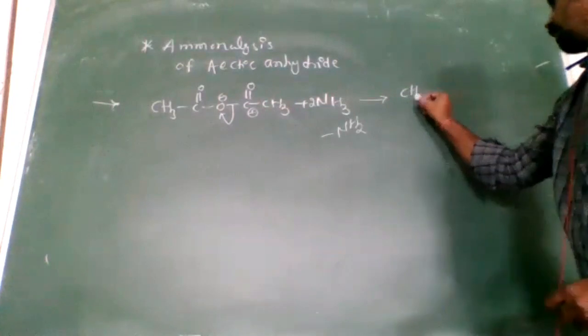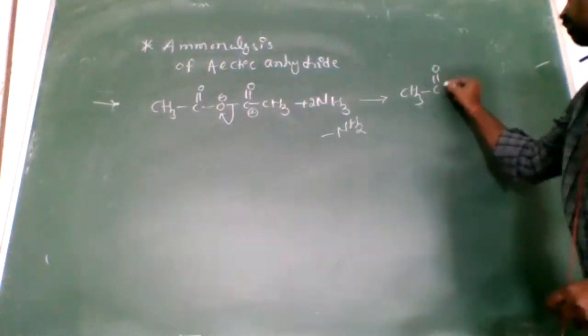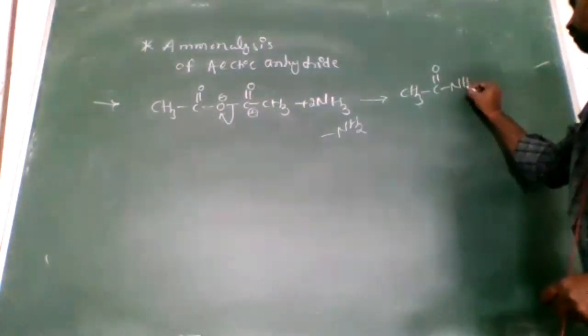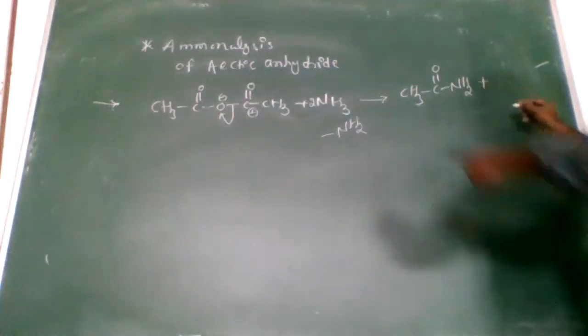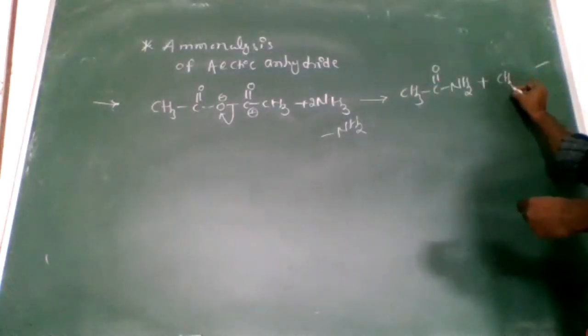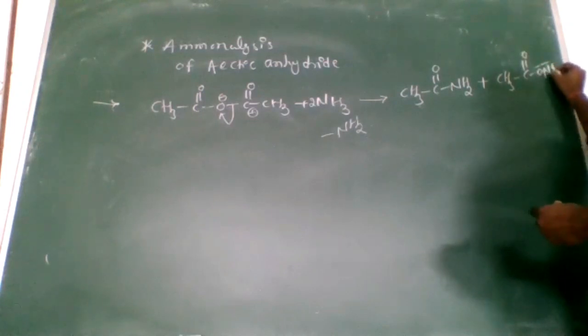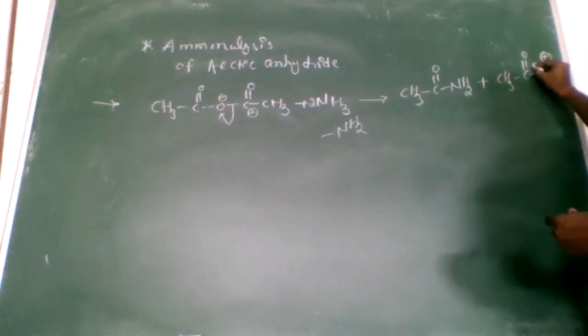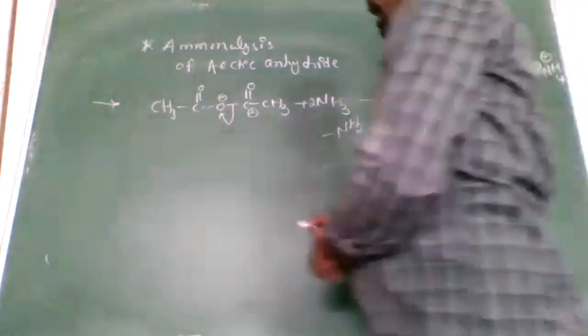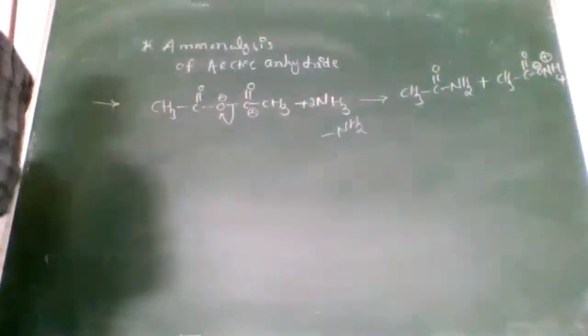First here we get C double bond O NH2 plus the next one, CH3 C double bond O, O minus, NH4 plus. This is the ammonolysis of acetic anhydride.